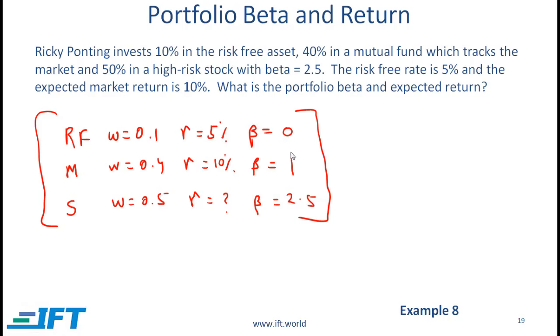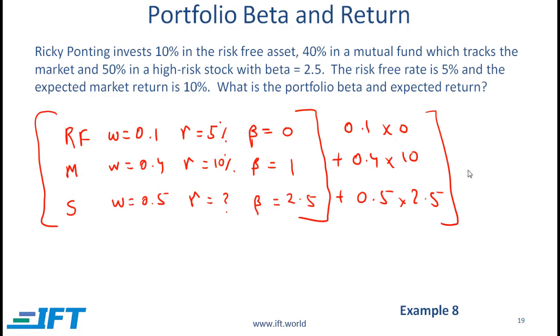To come up with a portfolio beta, you need to take the weighted average of the betas of each security. The weighted average would be 0.1 into 0 plus 0.4 into 1 plus 0.5 into 2.5.